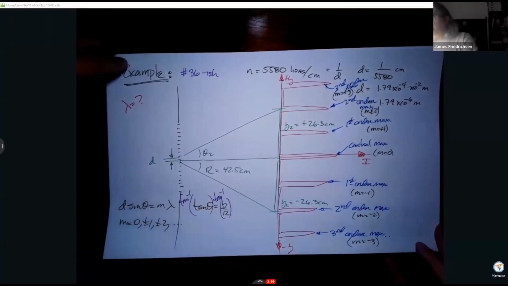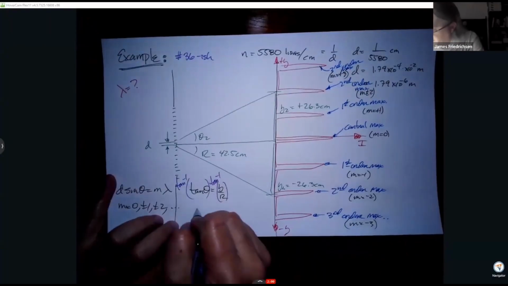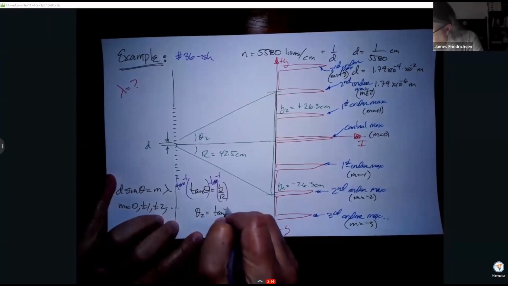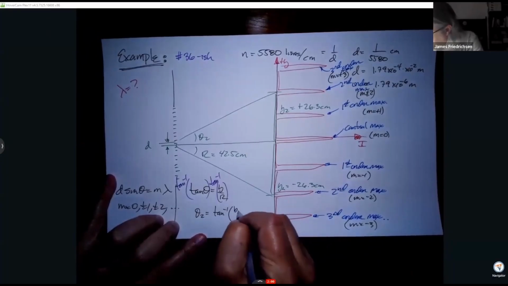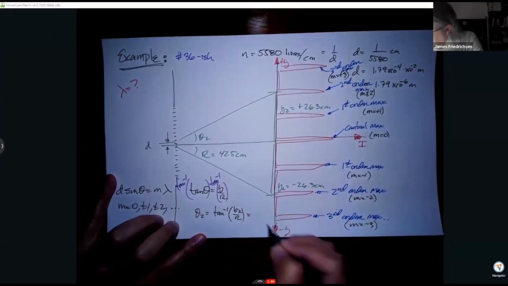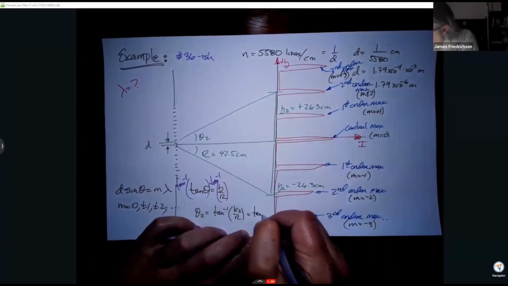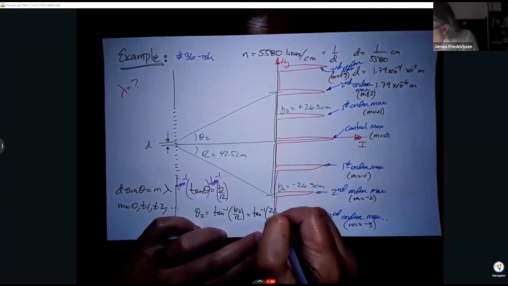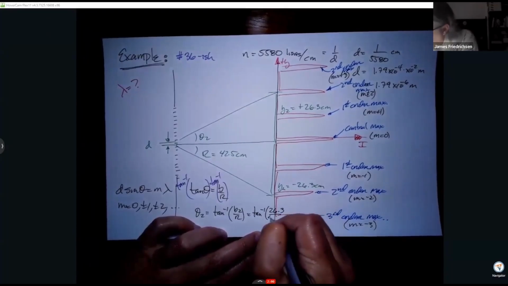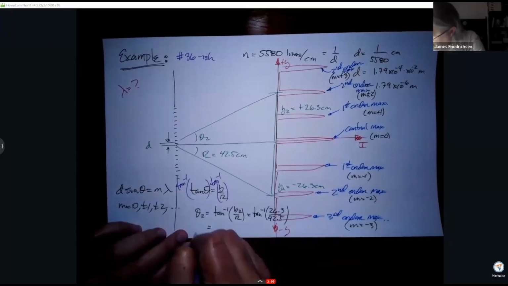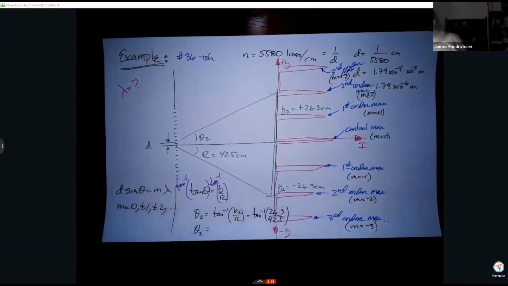So you can't use the small angle approximation here. So for my theta 2, this is that inverse tangent of the y2 over r. They're both in centimeters, so I'll leave them. So this is the tangent inverse of 26.3 over 42.5. And so then our theta 2 ends up how much?